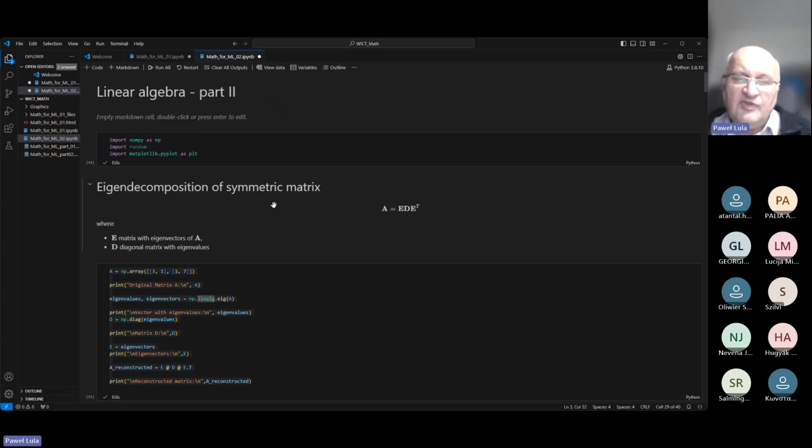Decomposition means that we are going to decompose something into simpler parts. In the context of linear algebra, it means that I'm going to present something as a product of other elements.